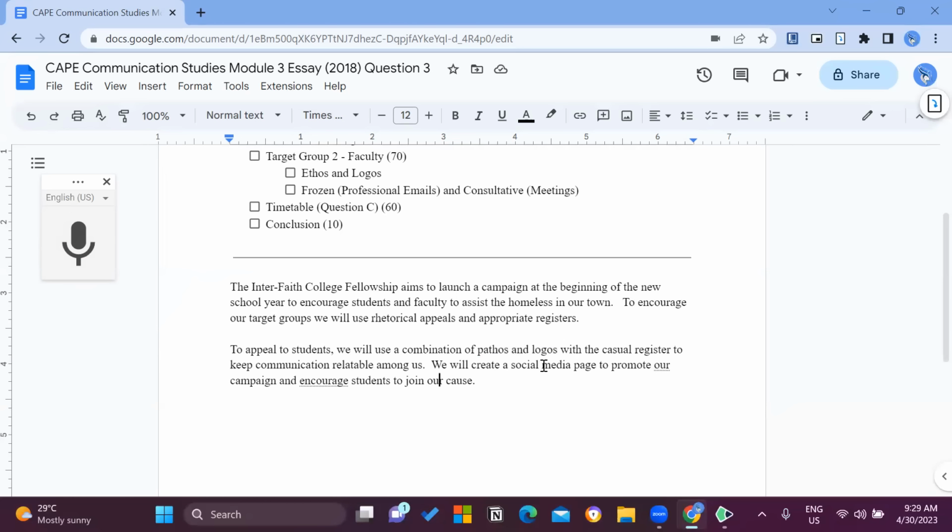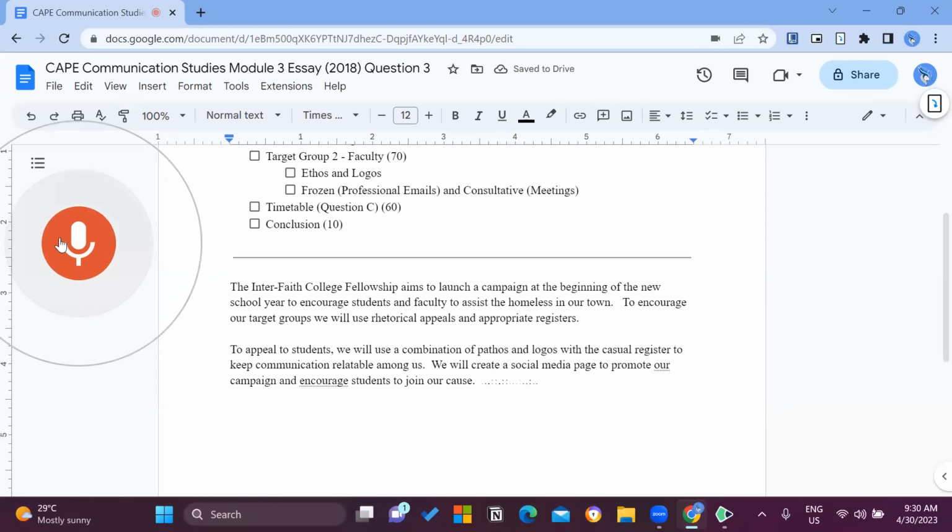So we will create a social media page to promote our campaign and encourage students to join our cause. Furthermore, we will collaborate with the student council to exercise the logos appeal and show that our campaign aligns with students' values of service to the community.